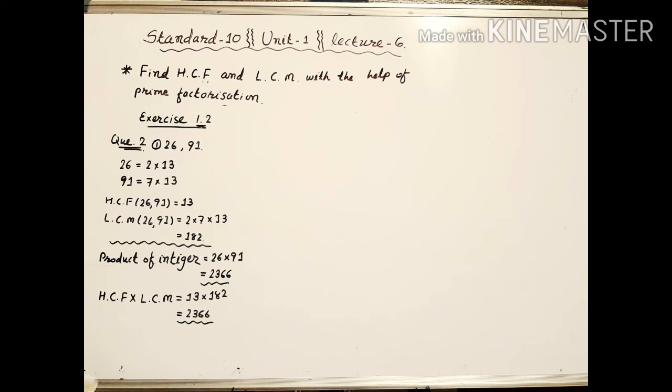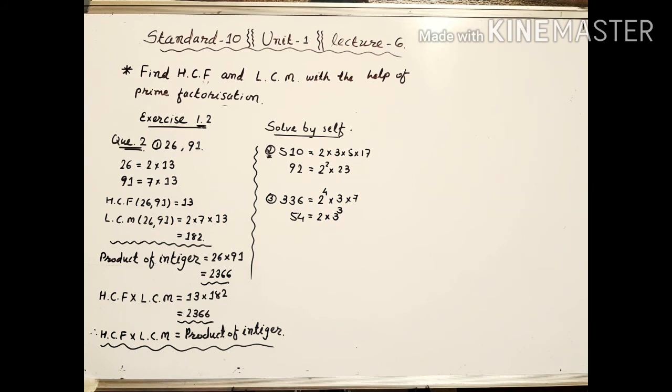So by these two results, we can say that the product of integers is equal to HCF into LCM. The same way you can solve the other 2 sums of question 2. That is for your practice.